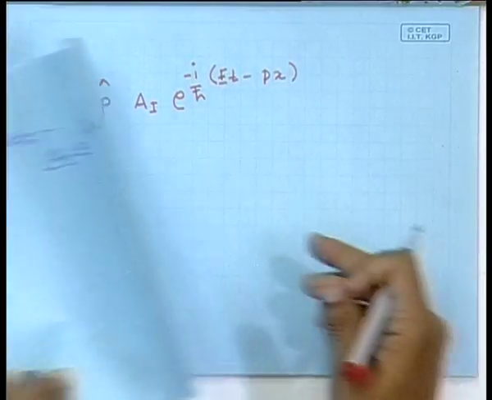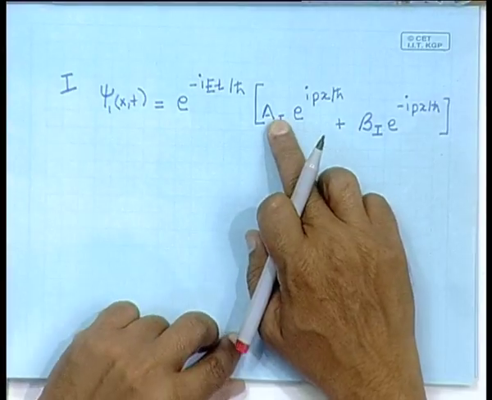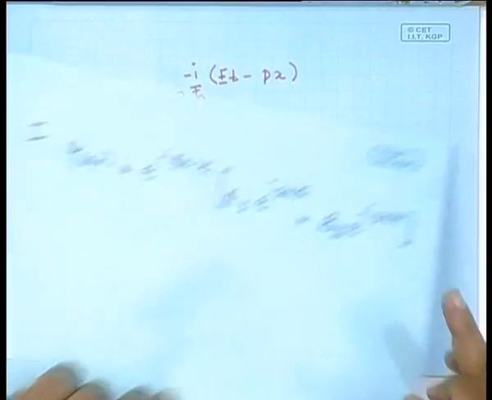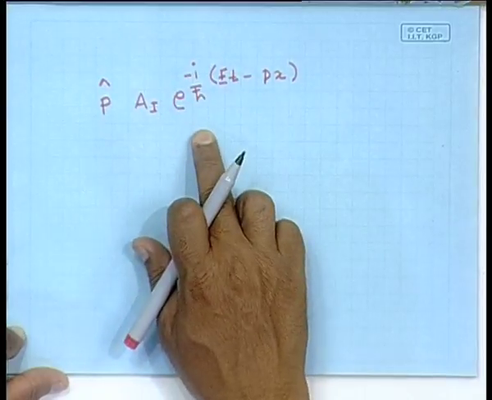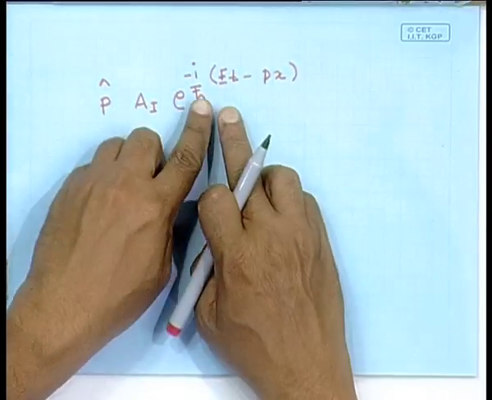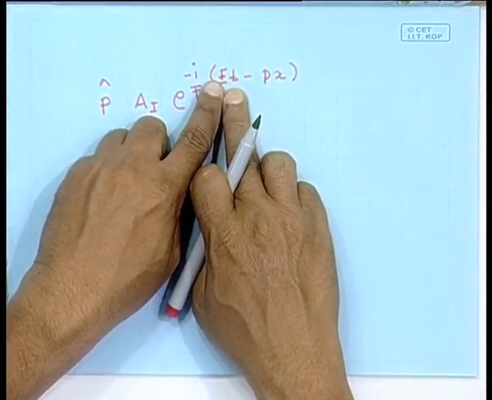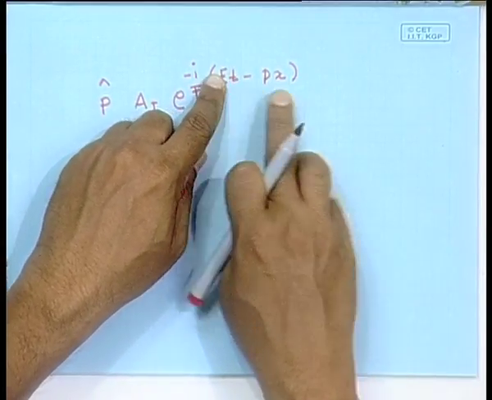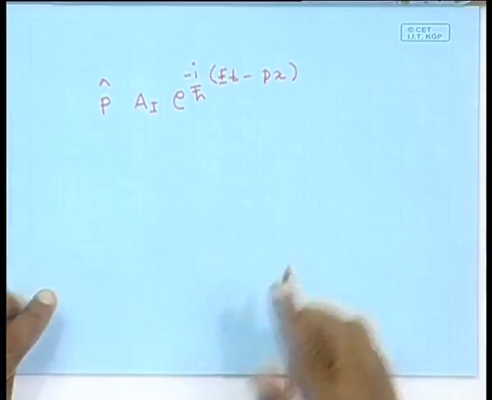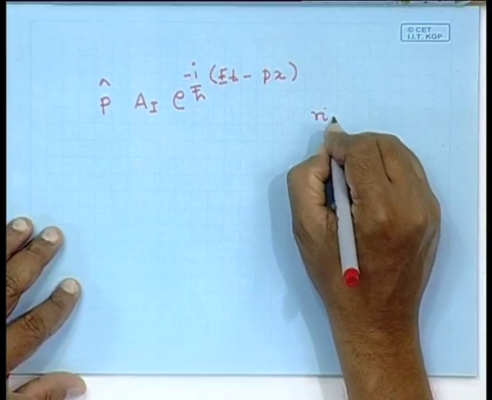You can see that this is a right propagating wave, because as time evolves, the point where the phase has the same constant value keeps on moving to the right. So, this is a right propagating wave.